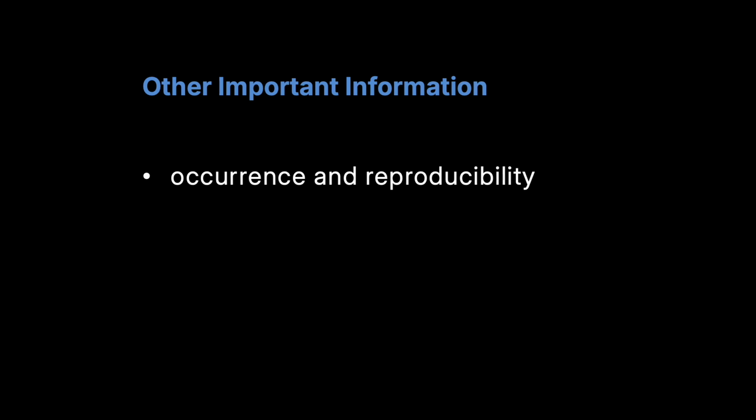Valuable information is also about the occurrence and reproducibility of the issue. It should be stated if the error is reproducible or not. It makes a huge difference if an issue occurs only once as a single event, or if it is fully reproducible and happens all the time. The in-between case of a sporadic issue is always a bit tricky.